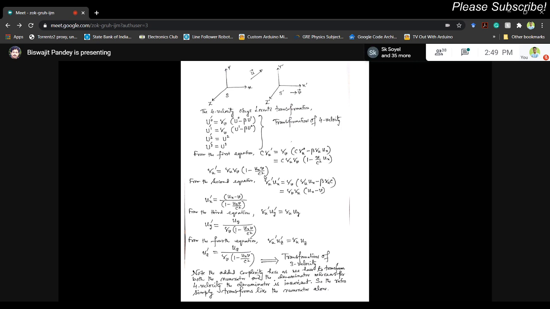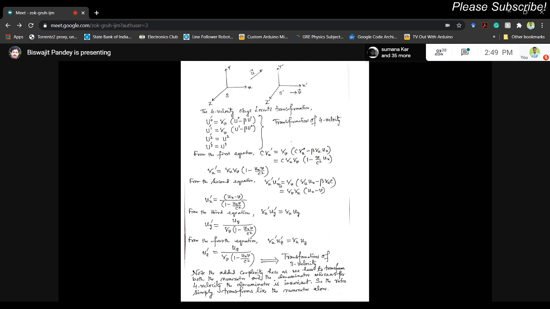In the same way, you can get from the second equation, what is u1 prime? Gamma u prime, ux prime. It is the space component, x component of 4 velocity in the prime frame. On the right hand side, you have u1 to be gamma u ux minus beta, what is u0? It's the time component of 4 velocity, which is gamma u times c. Again, if I take gamma u outside, the quantity inside the bracket is gamma u gamma v into ux minus v.